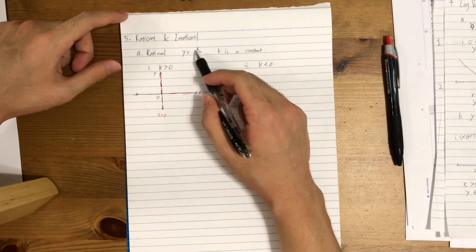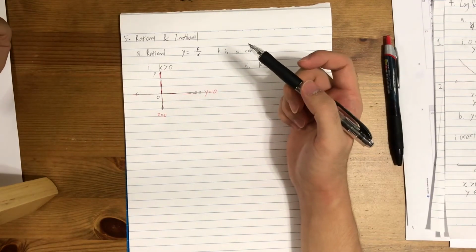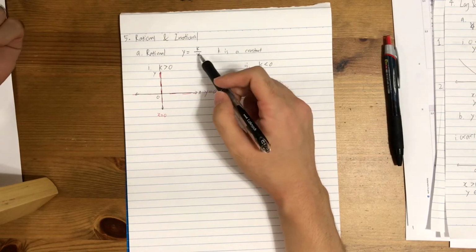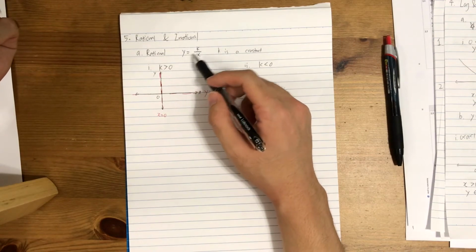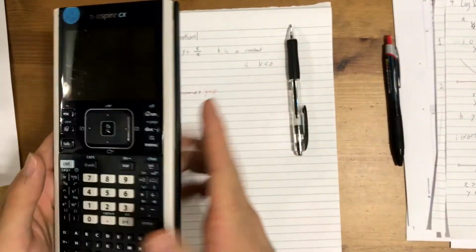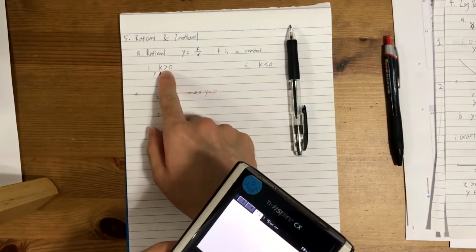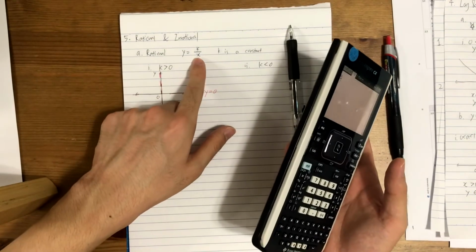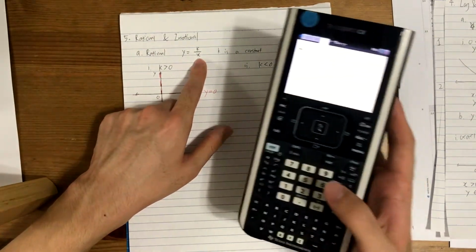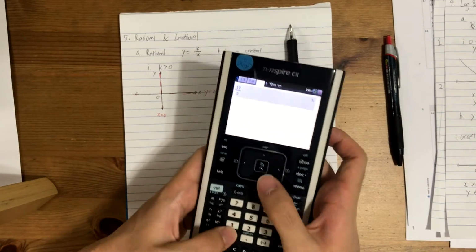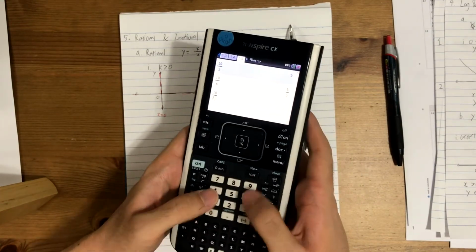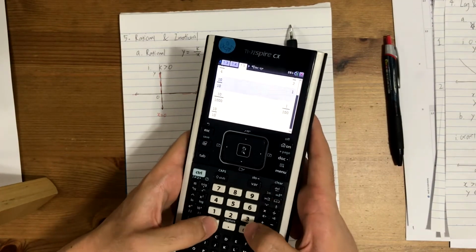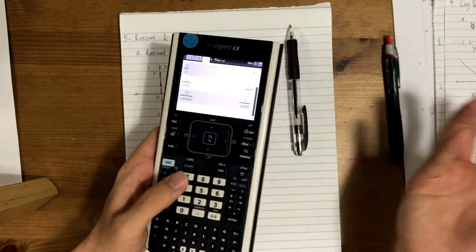So k is a fixed constant, right? So if x is positively large, what happens to y? So for example, k is a positive number, so let's say k equals 10. Then let's investigate some different values of x. So let's say x at 2, and x at 4, and x at 10, and x at 1000, and x at 100k.